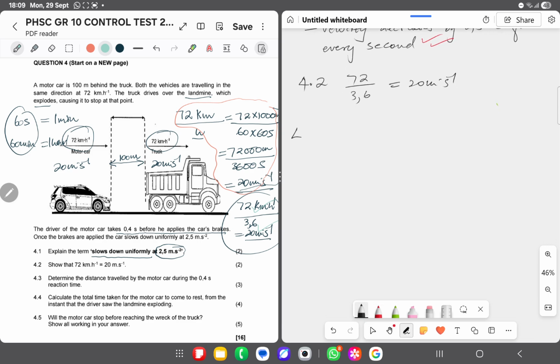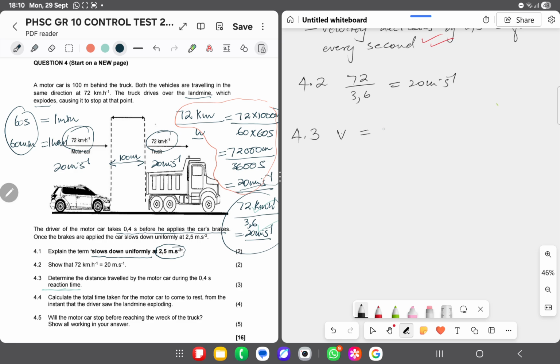All right, then 4.3. Determine the distance traveled by the motor car during the 0.4 seconds reaction time. You want to determine the distance. It's traveling at 20 meter per second.